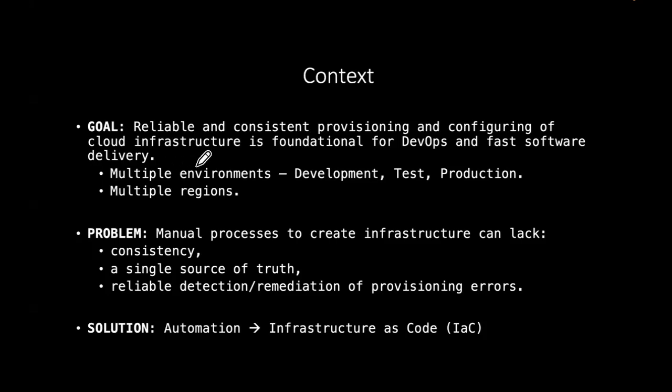Also, from a development perspective, you may want to have a development environment, a test environment, and a production environment for your application in the cloud. So that means we need to create development infrastructure, test infrastructure, and production infrastructure. And each of those three has to be an exact replica of the others.